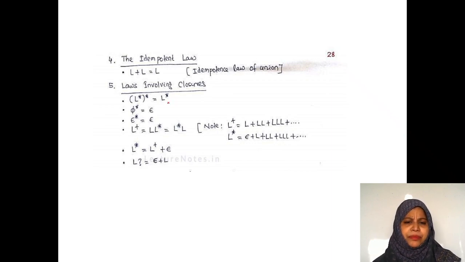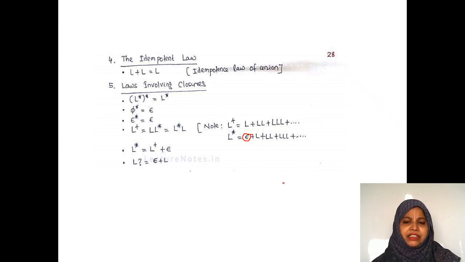Here closure properties are there. L star whole star is equivalent to L star, pi star is equivalent to epsilon, epsilon star is equivalent to epsilon. Then L plus. Here positive closure is there, and Kleene closure is there. Positive closure, L plus, is equivalent to L plus L concatenated with L. L star is equivalent to epsilon plus L plus LL and so on.